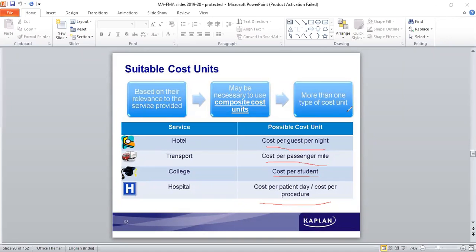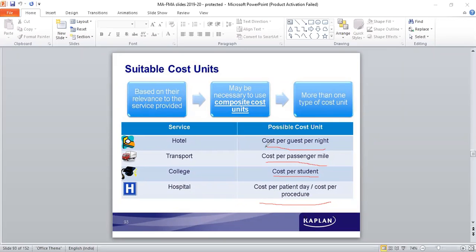The total cost which is incurred by these service industries is all accumulated, totaled up, and then divided by the number of guests who are present. So this cost is adjusted among the number of guests for the number of nights.